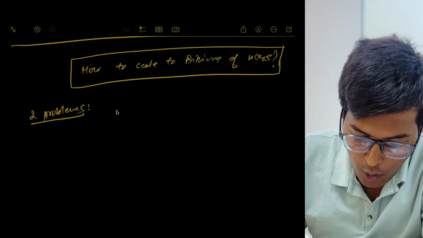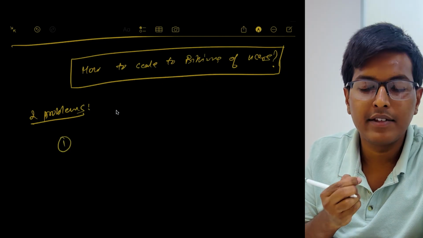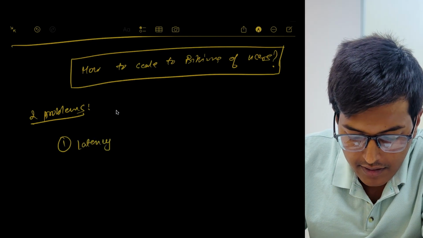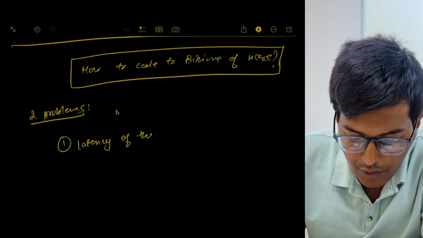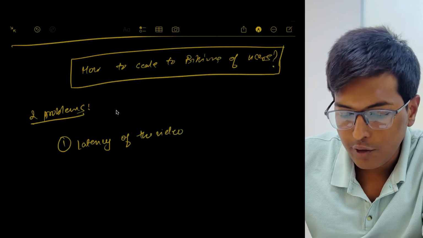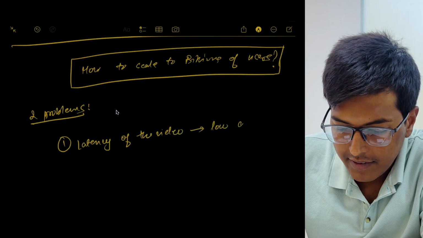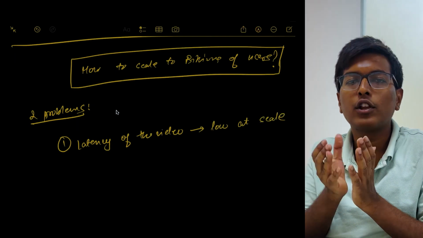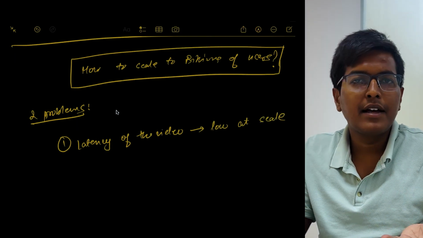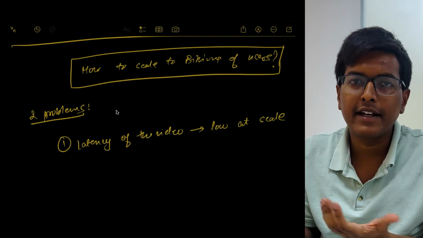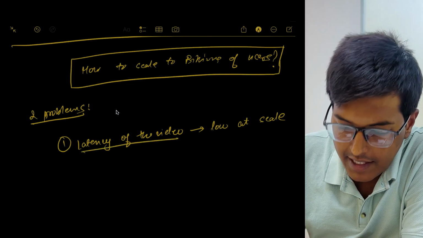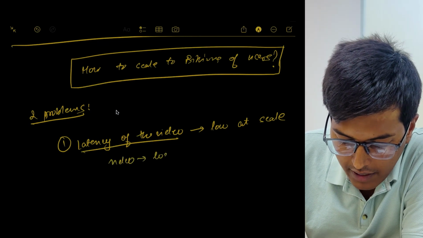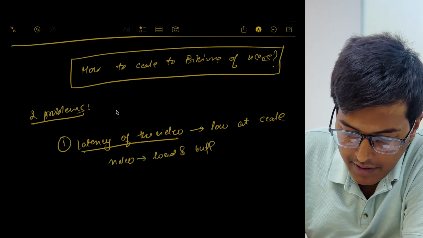The first major problem when scaling is how will you make sure that the latency of the video is low at scale? Latency means how much time it takes for the video to buffer and load. Essentially, that time should be less at scale.